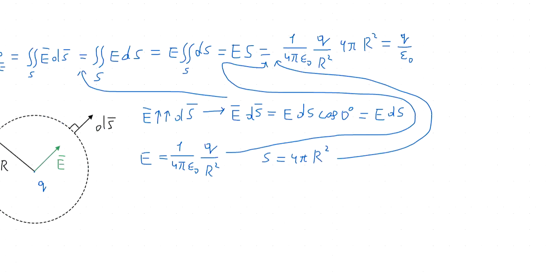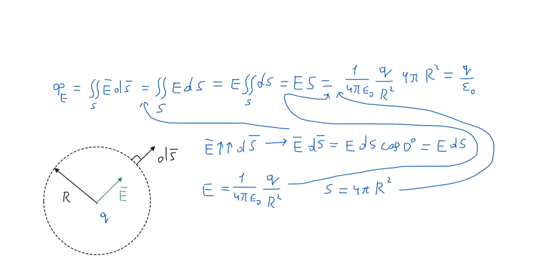And what do we have? We have a partial case of a general theorem that is known as the Gauss flux theorem, the Gauss flux theorem in integral form, for electric field intensity.